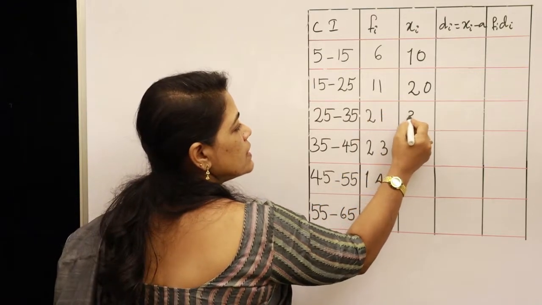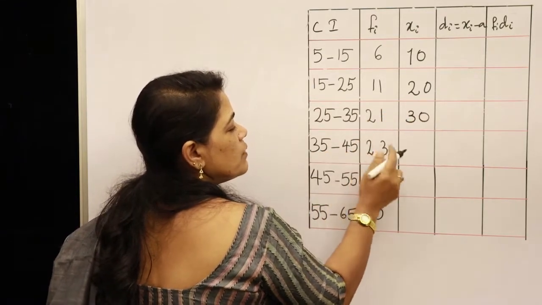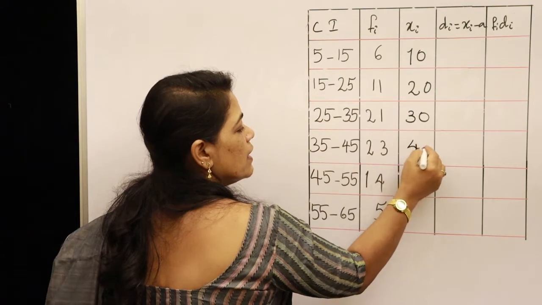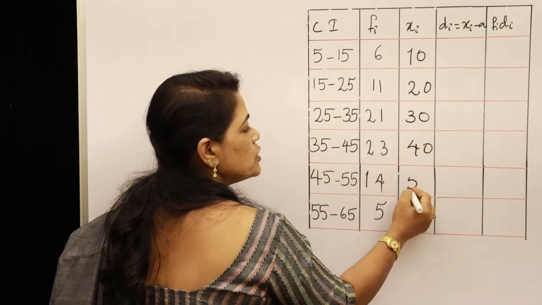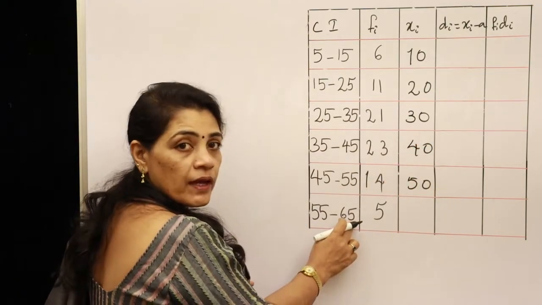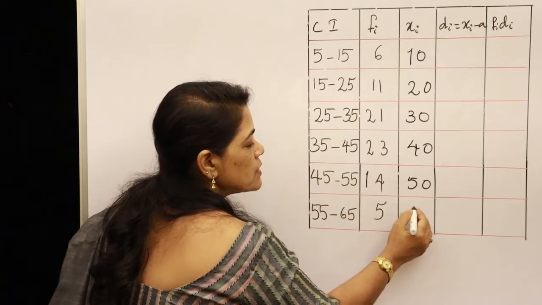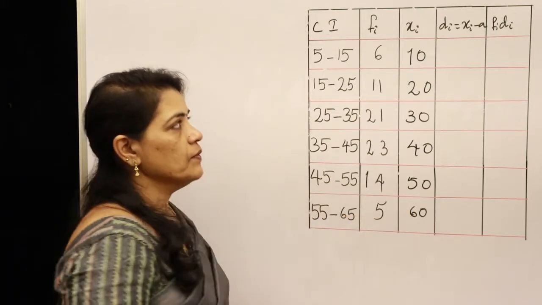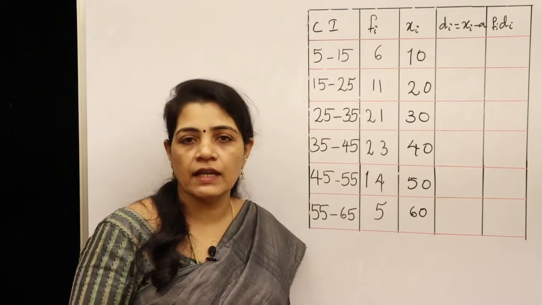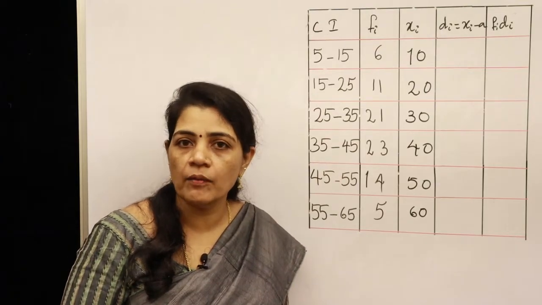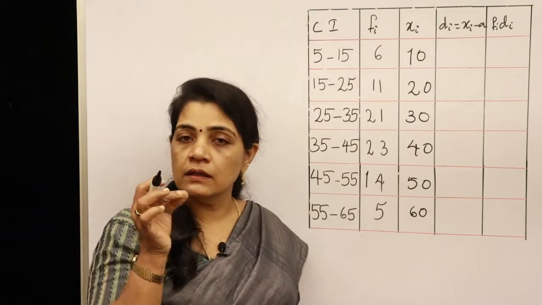Likewise 30, here it will be 80 by 2, 40. Here 100 by 2, 50. Here it will be 120 by 2, 60. So that is xi.